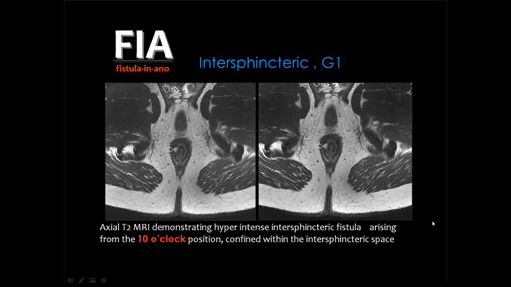Then you say that the internal opening is about at 10 o'clock position, and you do not mention the external opening using the anal clock. But after you identify the internal and external openings and the relation of the fistula to the sphincters, go to the coronal T2 weighted image so that you can see the track of the fistula, and you measure the distance between the internal and the external opening.